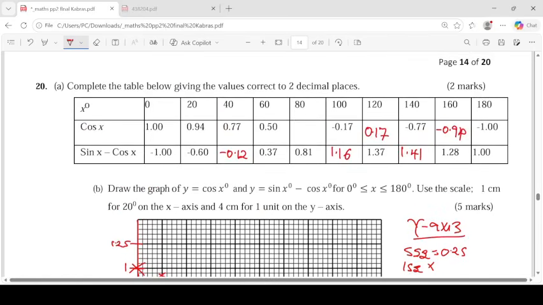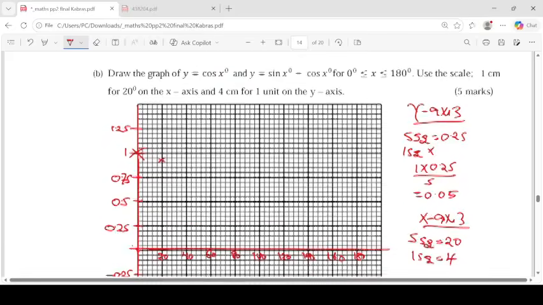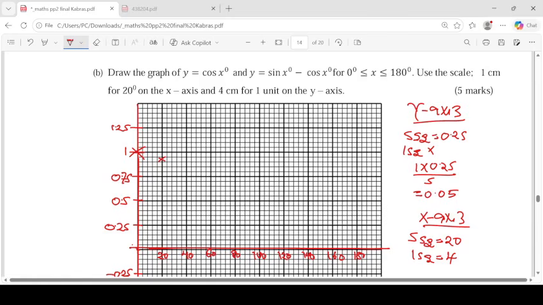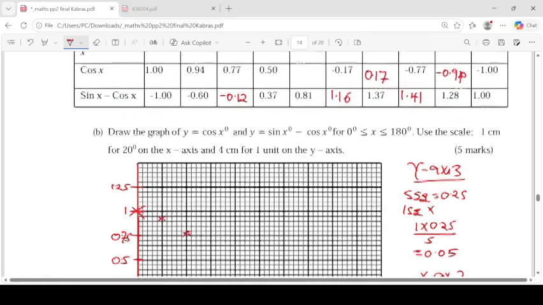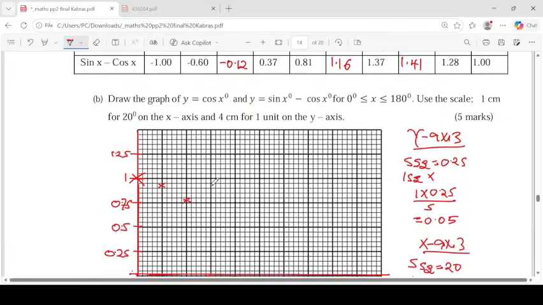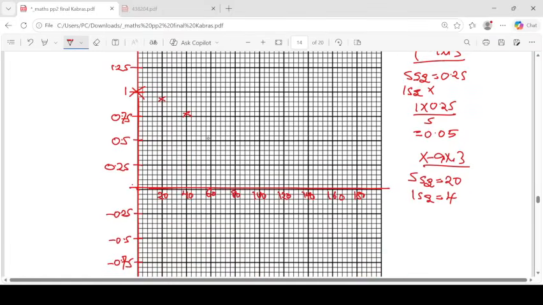At 40, 0.77. So I'll have 0.77 divided by 0.05. That is 15.4 small squares. 5, 10, 15.4. In between these boxes, 5, 10, 15. There. At 60, 0.5. 60 here, 0.5.